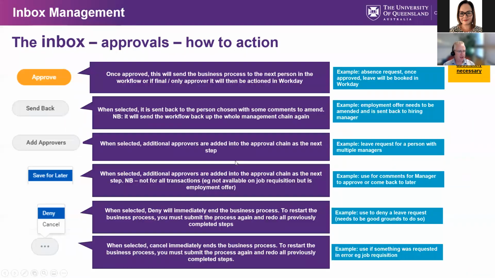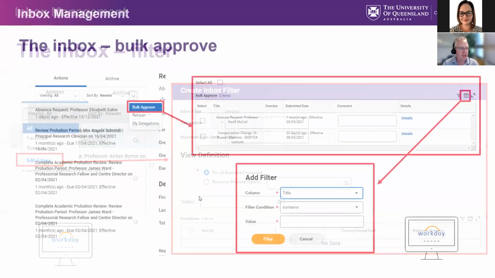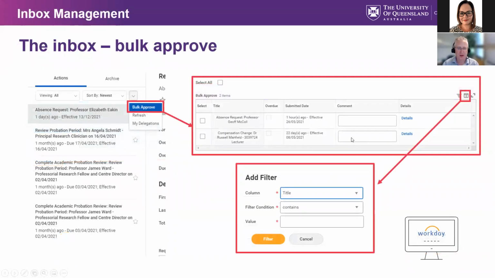You can do inbox filters. So if there's bulk approvals for certain items, you can set up inbox filters, and you can also do bulk approvals. Let's say, for instance, there's a lot of people who are enrolled in a particular online learning program, and you don't want to go one by one.